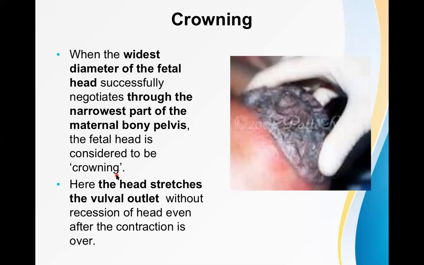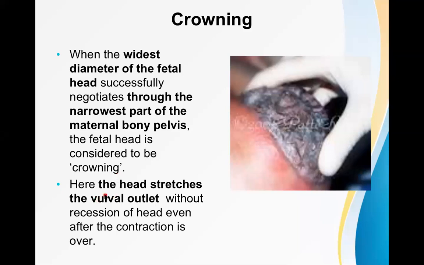When the widest diameter of the fetal head successfully comes down through the narrowest part of the maternal bony pelvis, that is the pelvic outlet, when the widest part of the fetal head descends through the narrowest part of the pelvic outlet, it is known as crowning. And in between contractions, it doesn't go back because it has already crossed that narrowest part of the bony pelvis.